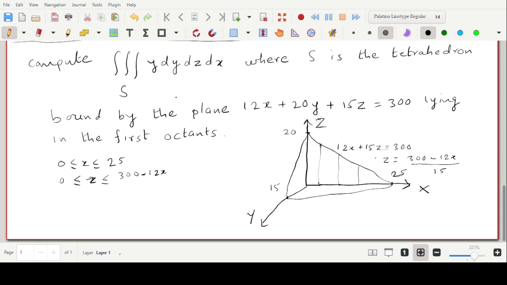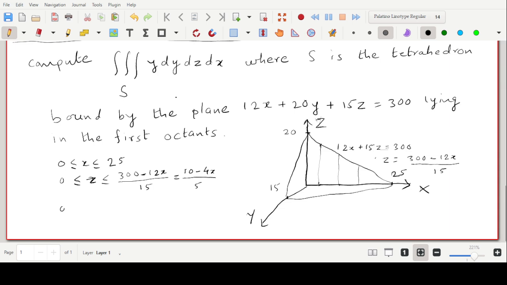We shall simplify this afterwards, but for the time being, let us keep it as it is. We can write, after dividing both numerator and denominator by 3, this as 10 minus 4x divided by 5. Okay, so this is an alternative expression for this.